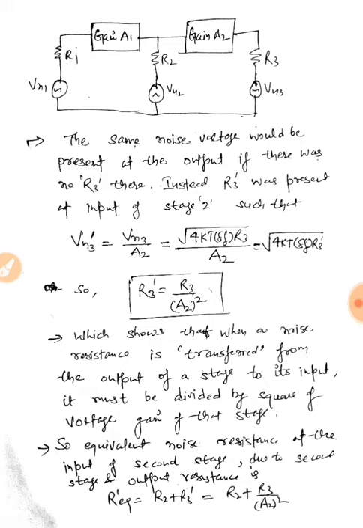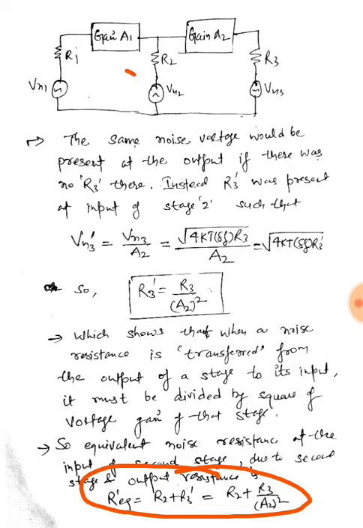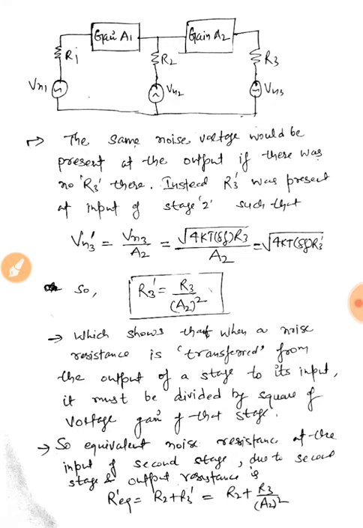Okay, so equivalent noise resistance at the input. Now what is the resistance at the input? It would become R2 plus R3 dash. So now input resistance would become R2 plus R3 dash, which would come out to be R2 plus R3 upon A2 square.